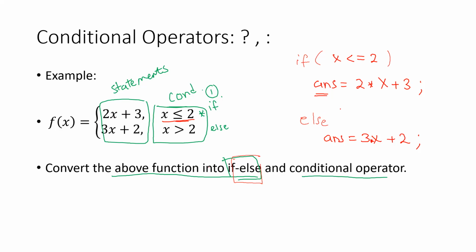Okay, any question on this? So just this from this, that. You can see that for else, you don't have to put the condition because this is understood. Other than this one, other than this, it will be bigger than that.